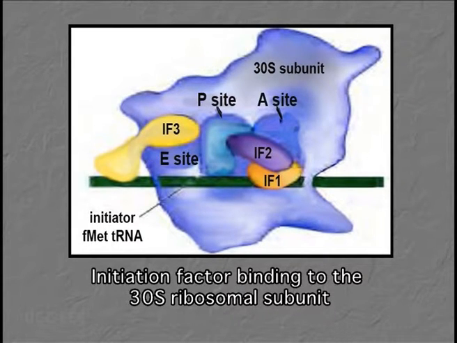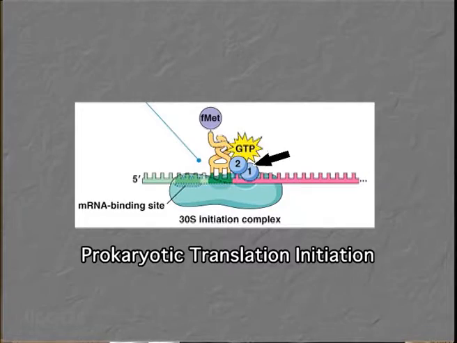Then we have a crucial initiation factor called initiation factor 2, which is a GTPase. Along with GTP, it has binding affinity towards three different sites. Number one, it binds to initiation factor 1, which is bound onto the A site.